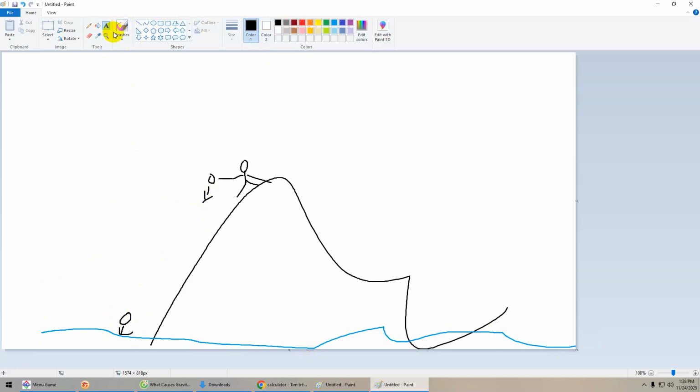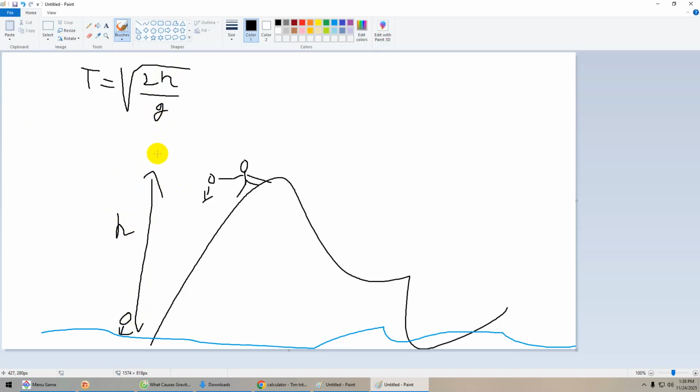Well, in Newtonian mechanics, we just need two simple formulas. We need to figure out the time required for falling. In this case, we can use this formula because we can assume the distance here, let's call this h, to be okay. So the gravitational acceleration here can be constant.